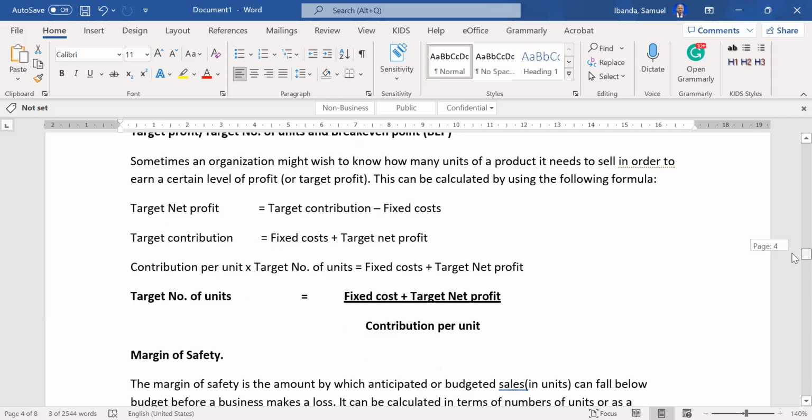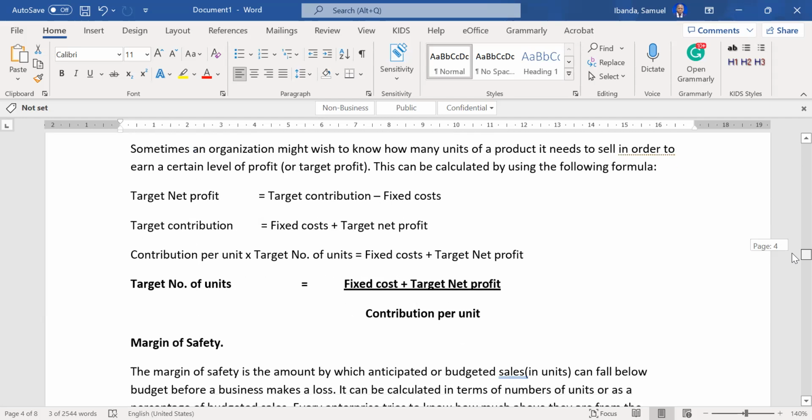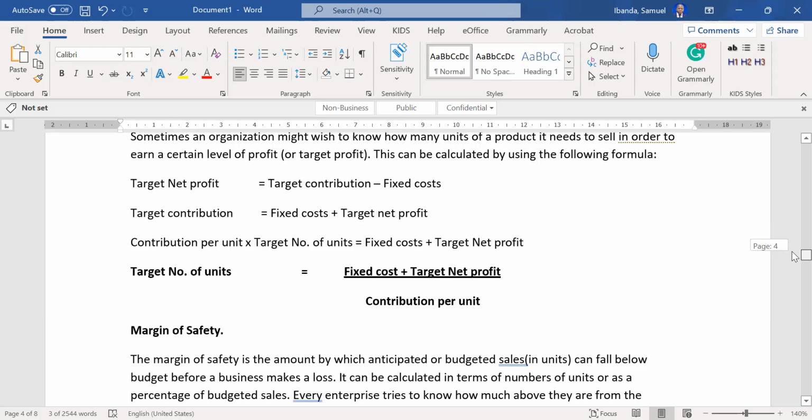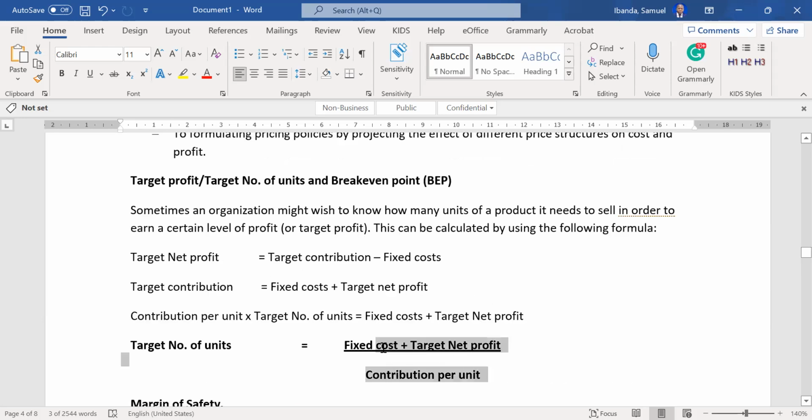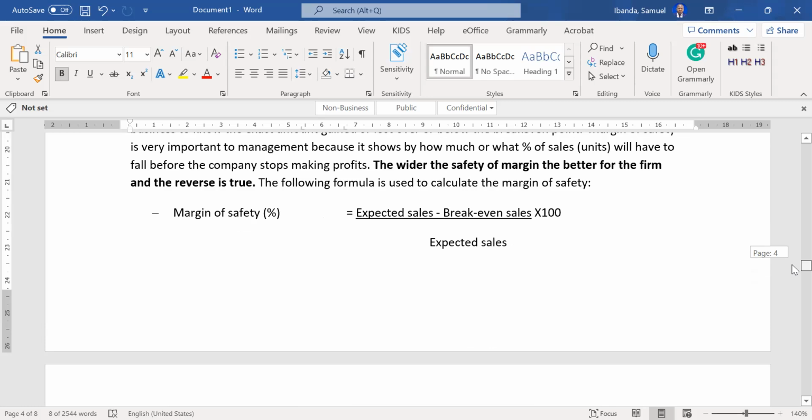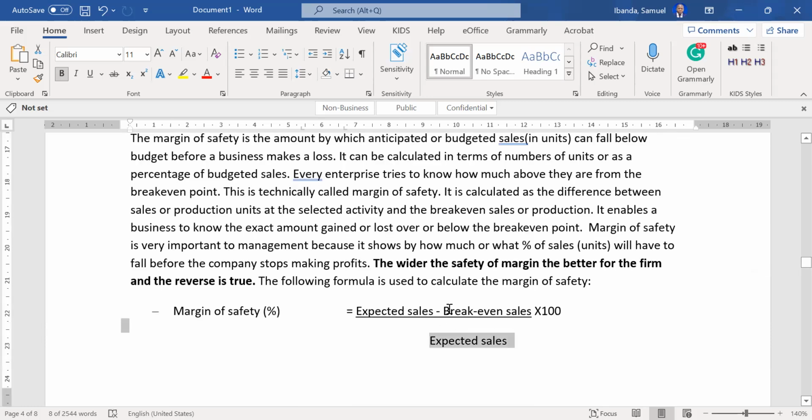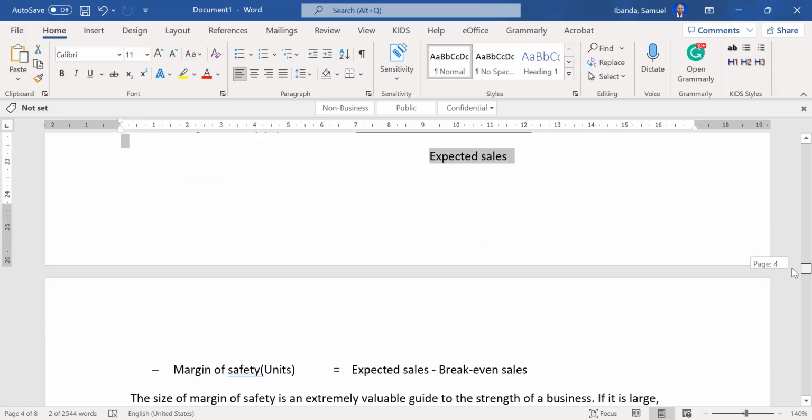Okay, we looked at the target profit and we've seen how it comes, and now we can also show it in terms of contribution. The same thing with margin of safety. We've also learned how we can do it in terms of quantity, but also in terms of units and what it means.